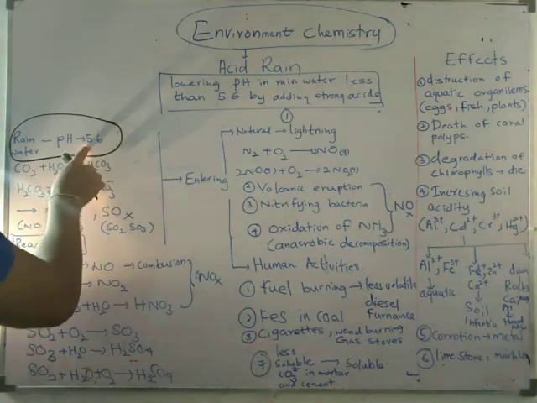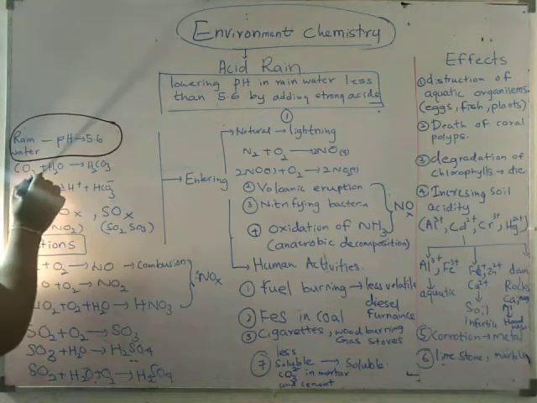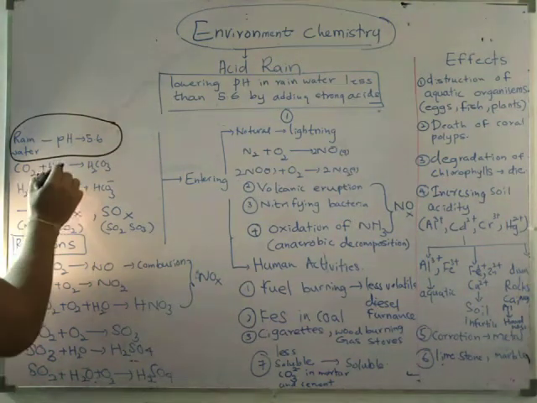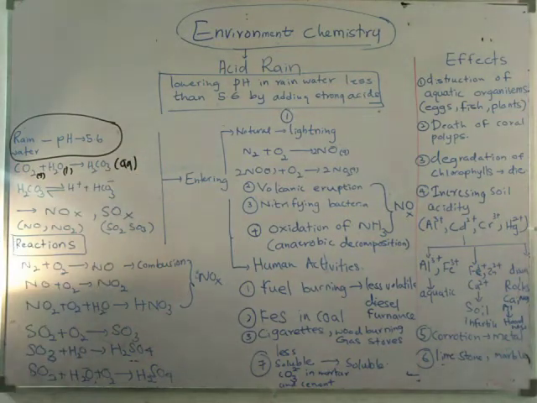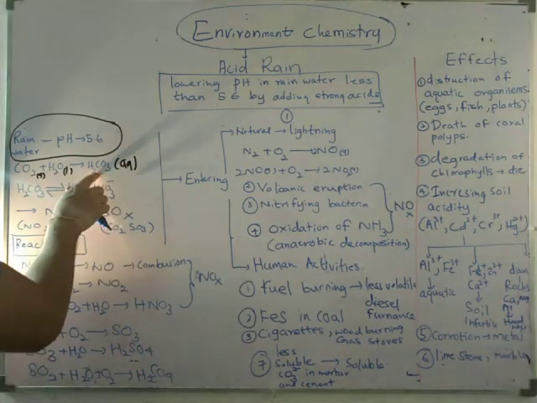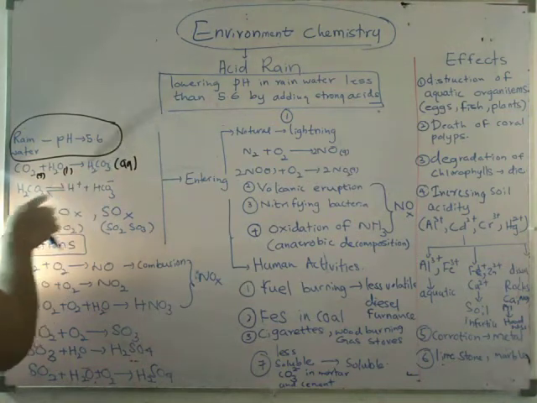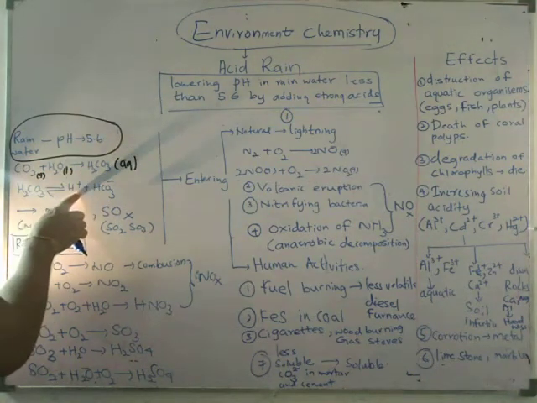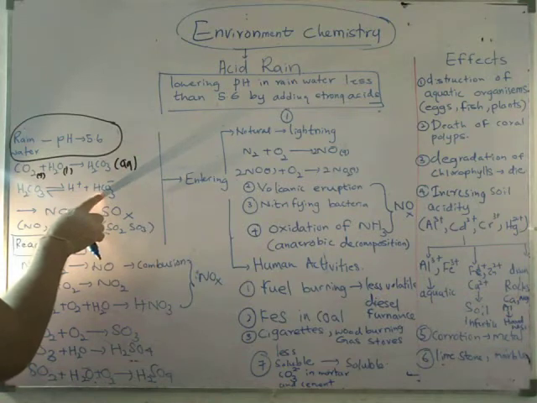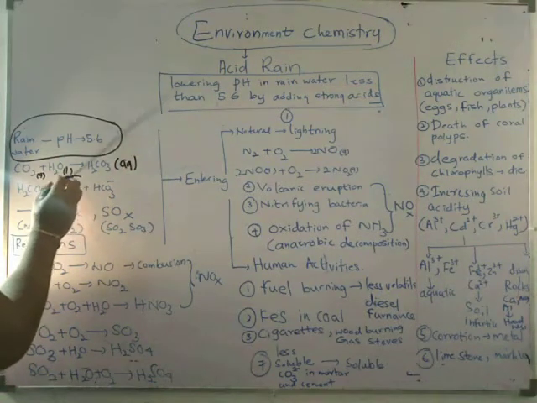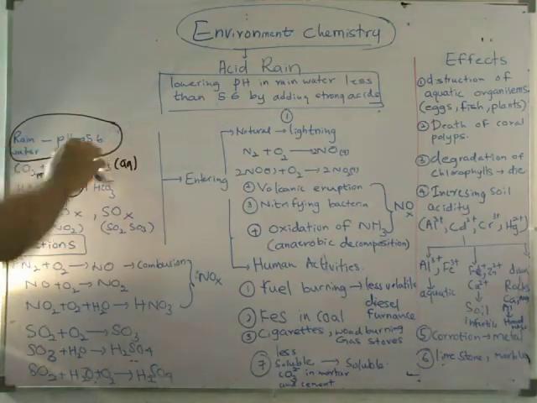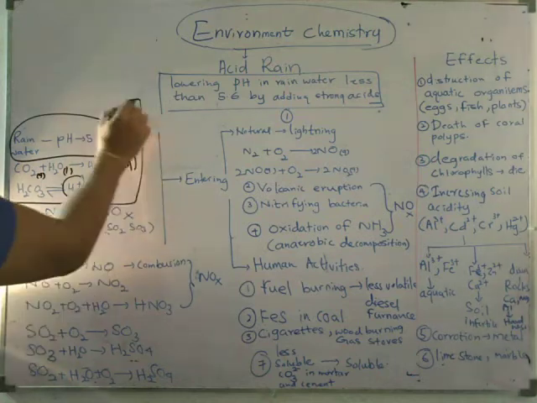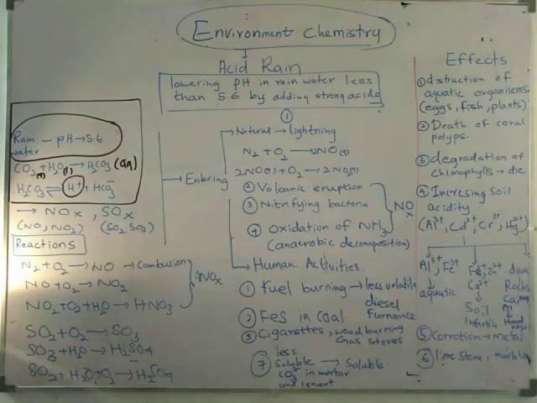The reason is carbon dioxide gas is dissolved in rainwater to form H2CO3 aqueous, carbonic acid. You know that carbonic acid is a weak acid, so it partially dissociates into H+ and bicarbonate ions. Because of these H+ ions, the pH of the solution drops up to 5.6. This is the normal rainwater.